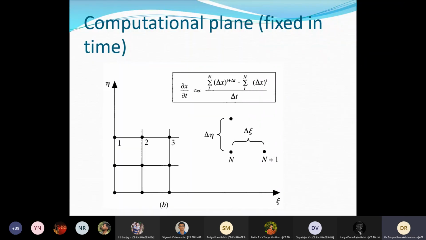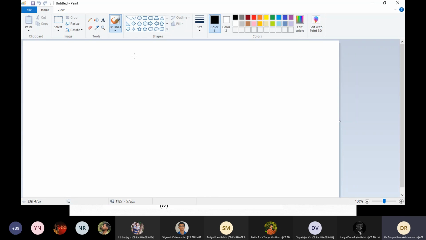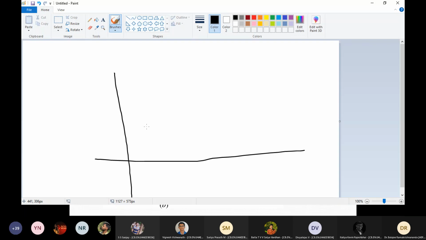At the end of, let's say, the time step, let's say this is point 1, this is point 2, this is, sorry, point 3. So 1 has moved here by delta x1.